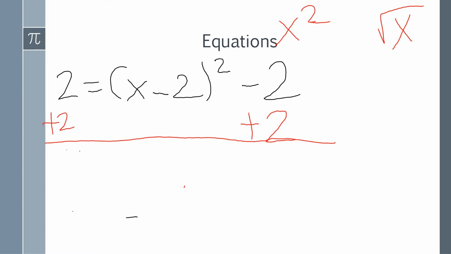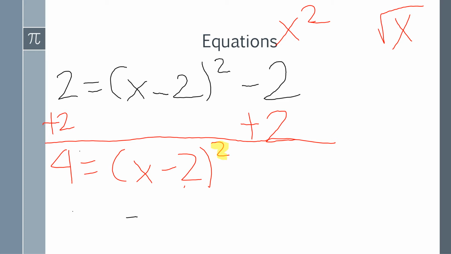2 plus 2 is 4, equals (x minus 2) squared. Now, remember what I told you? To solve this, you see this square right there?